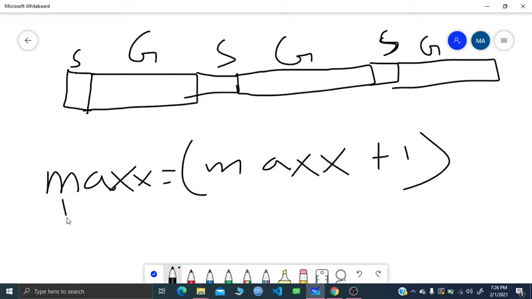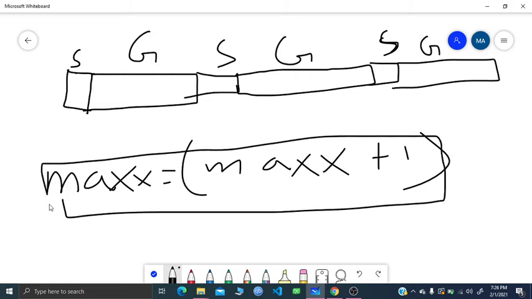This is my initial maximum. Why am I saying this? Because as there are more than 3 groups, we can easily say that I will always get some answer. Initially I will find my maximum as the maximum consecutive golden characters available.